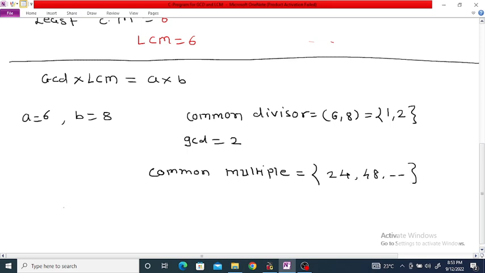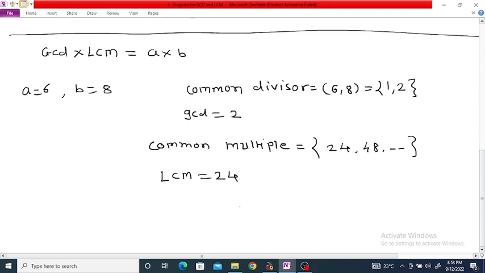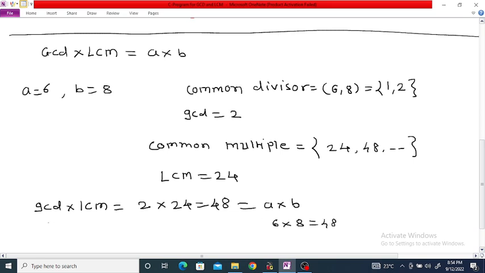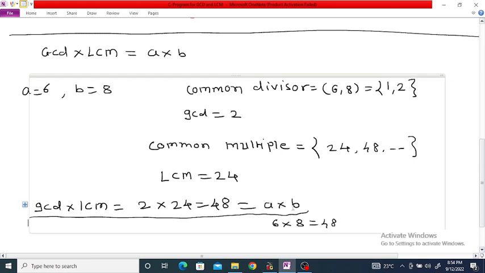So here LCM is equal to 24. Now if we multiply GCD into LCM, then it is equal to 2 into 24, which is equal to 48, and that is nothing but A into B. So what is A into B? That is 6 into 8, which is again 48.